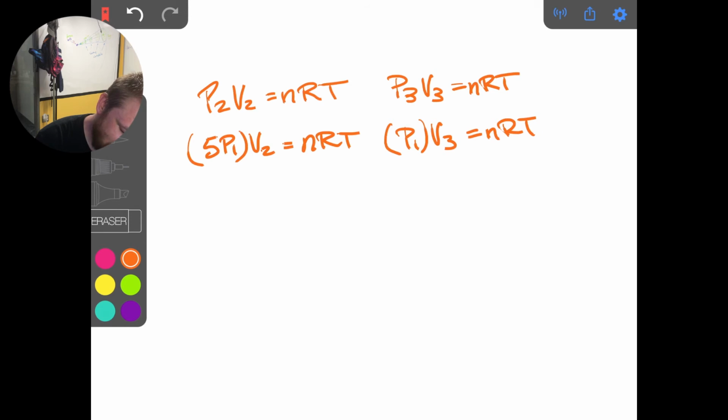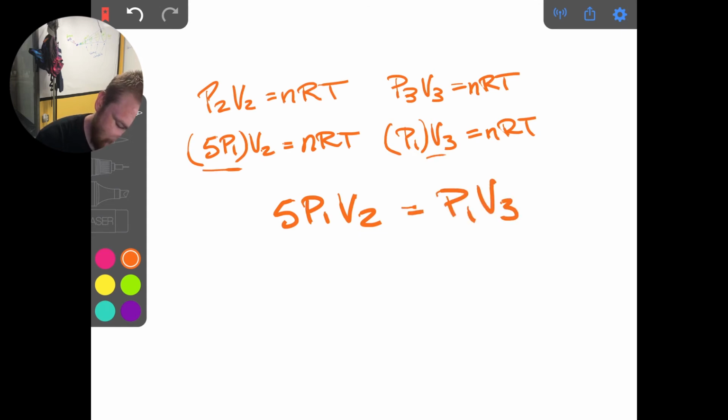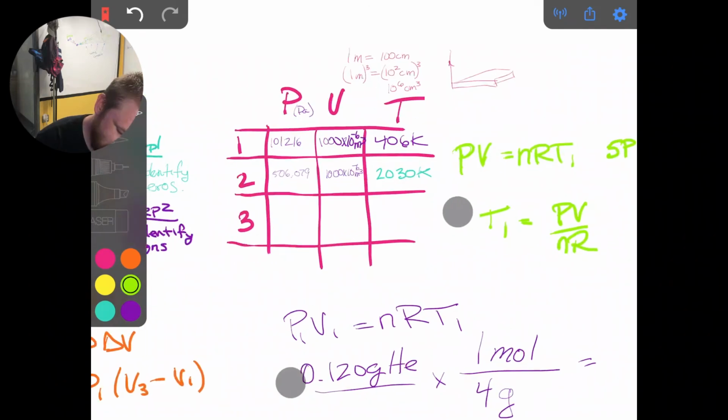We'll just keep it as it is and write down 5 P1 times V2. That equation is going to be equal to P1 times V3, because they're equal on the right-hand side. Now the P1s cancel regardless, so let's just drop those. And we end up with V3 is equal to 5 times the value of V2. Great. Back to our chart.